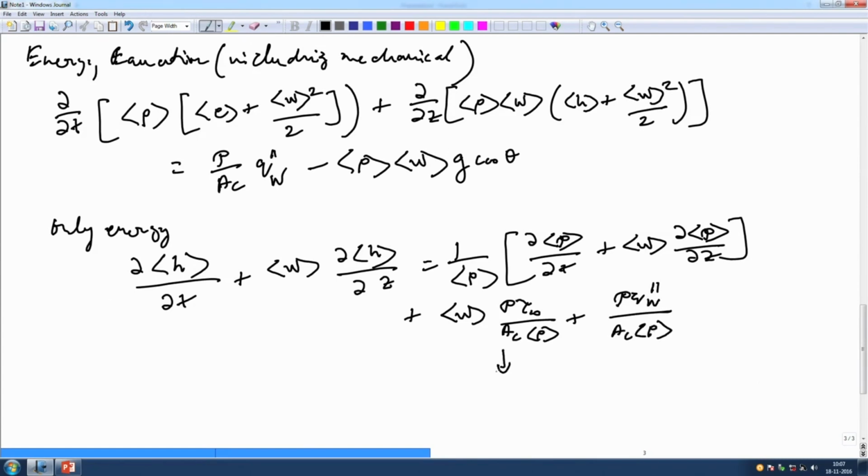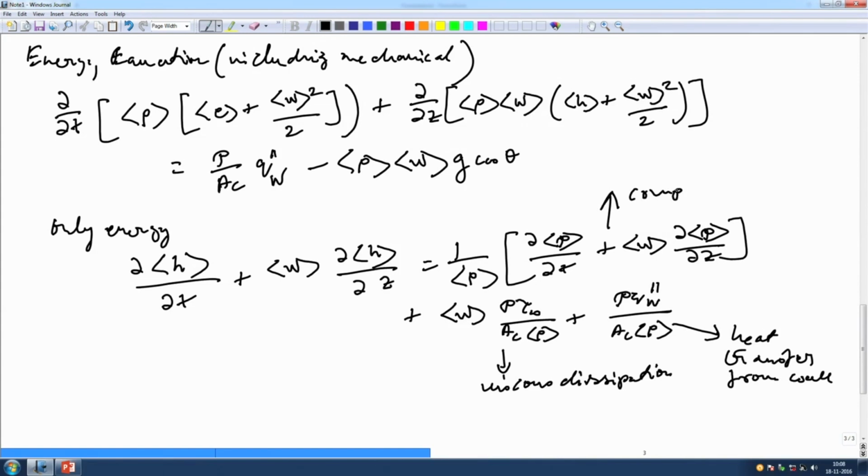This term becomes your viscous dissipation, and this term becomes your heat transfer from the wall. And this is basically the compressible term. Fairly common. So, this is the net equation.